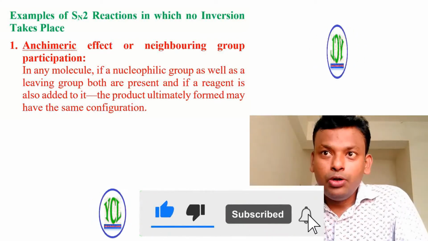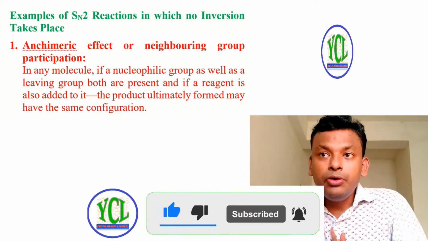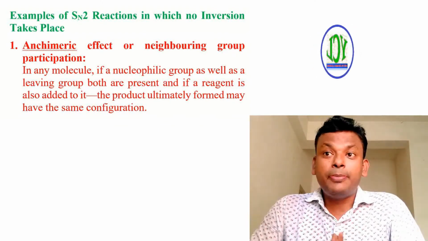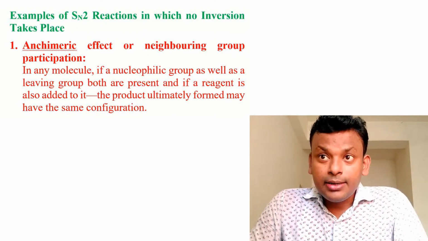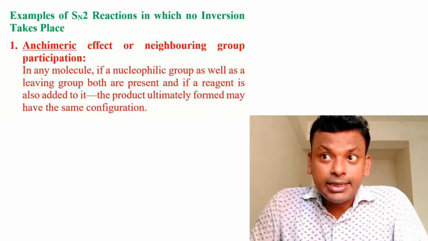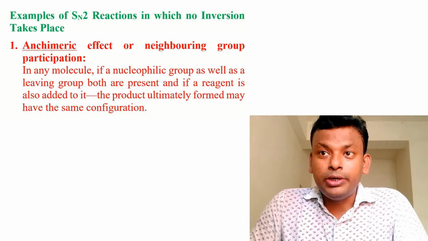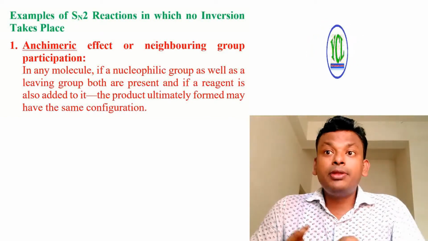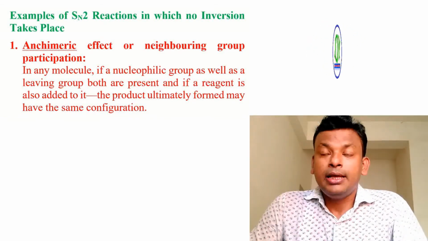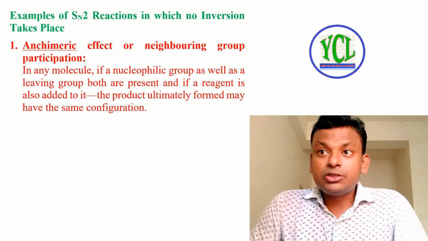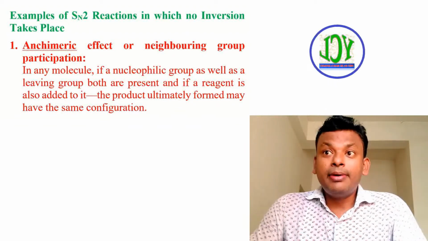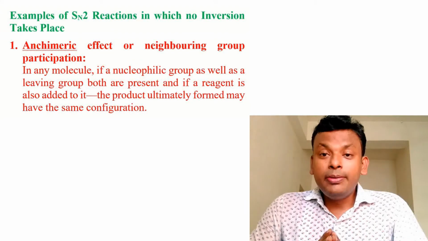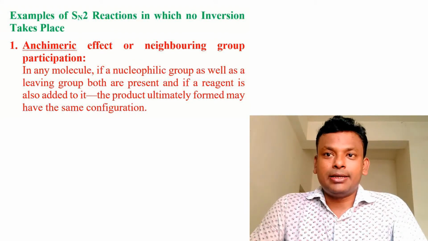In a molecule, if a nucleophilic group as well as a leaving group are both present, and if a reagent is also added to it, the product ultimately formed may have the same configuration. That means in the presence of an NGP group, a neighboring participating group, no inversion takes place in the SN2 reaction.